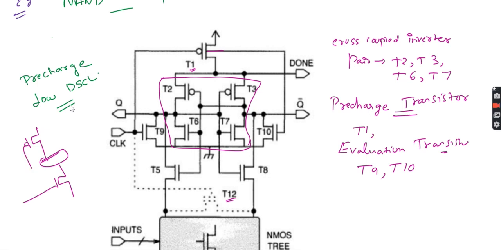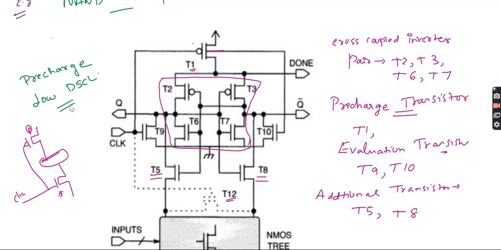Clock will be there, this is the PMOS, here is the NMOS, and the cross coupled inverters. Then the additional transistors here are T5 and T8.